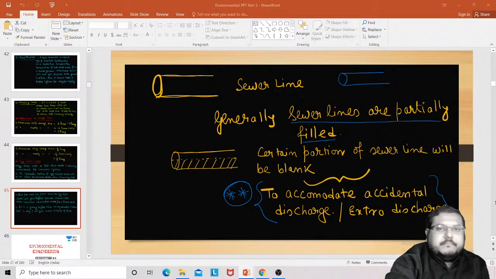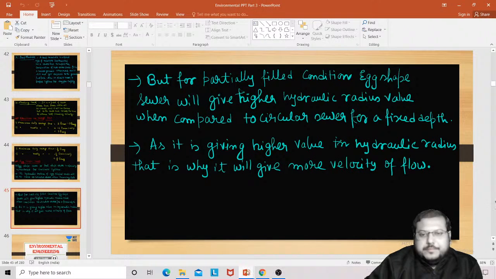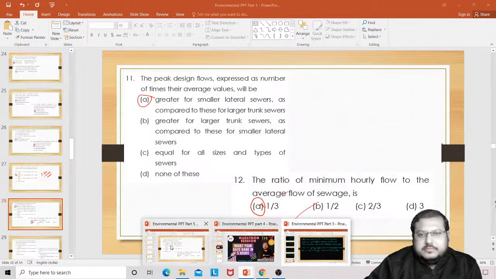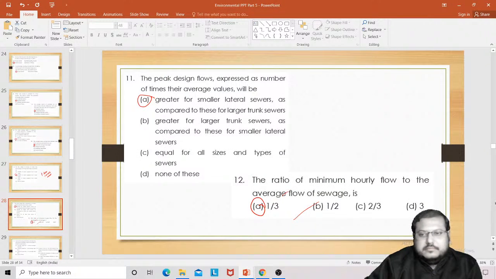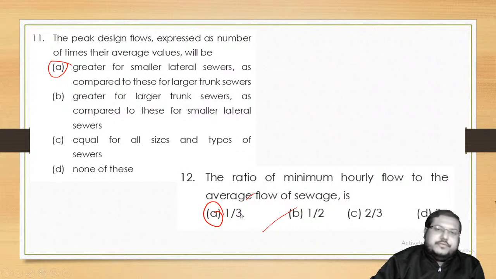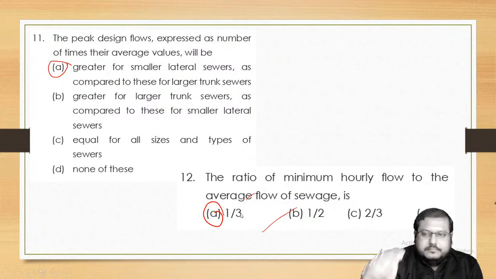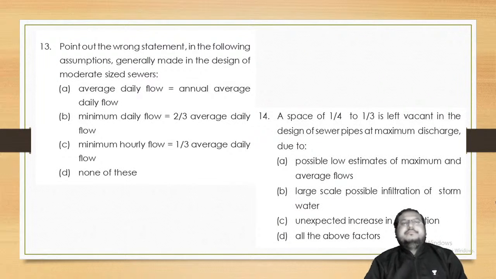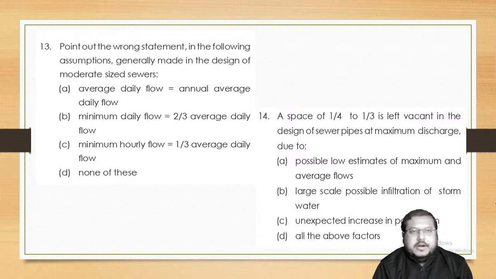Okay. Let's go for the problem segments directly, because that's why it's 1 by 3. We have seen that. Question number 13. Point out the wrong statement in the following assumptions generally made in the design of moderate size sewers. The first option is average daily flow equals annual average daily flow.